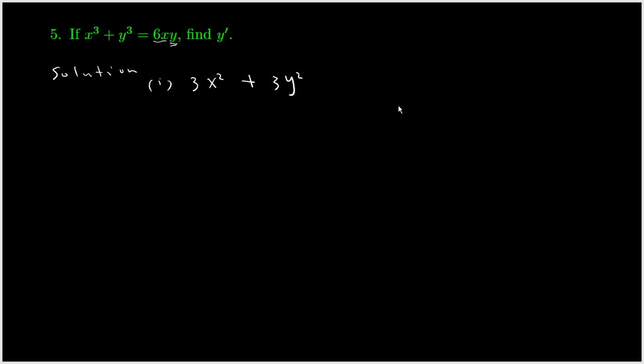Do not stop here. Y is a function of x, and we are differentiating with respect to x, so we have to use the chain rule. The rule of thumb: right after differentiating a function of y, follow that by y prime. It's always the case.